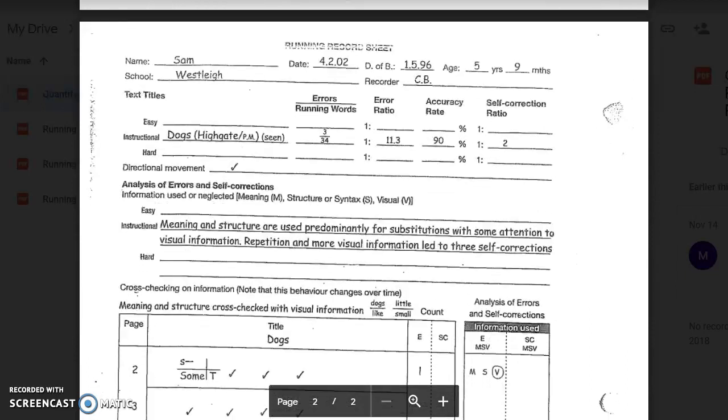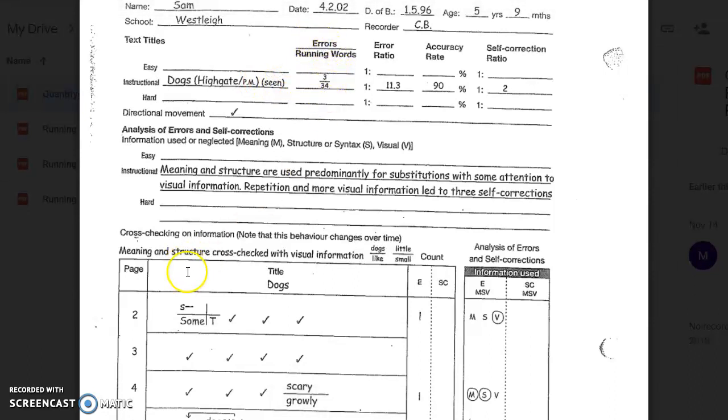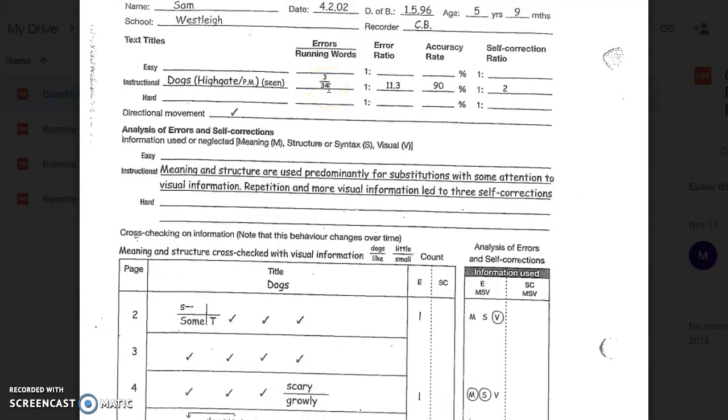So down here you can see that the errors, the child had 3 errors, and the running words, if we were to count the words, there were 34 of them. And the child had 3 errors out of 34 running words. When we reduce that fraction down, it becomes 1 in 11.3. That's the error ratio.